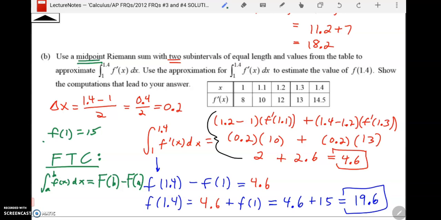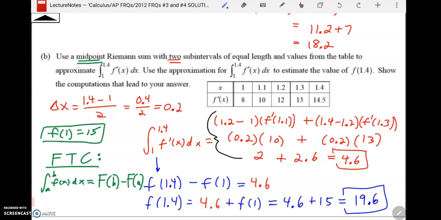So with that, you've approximated the function's value at 1.4. And you notice 19.6 is pretty close to this 18.2 that's up here. So we're approximating the function's value. It's almost like we're trying to predict information without having all of it to begin with.